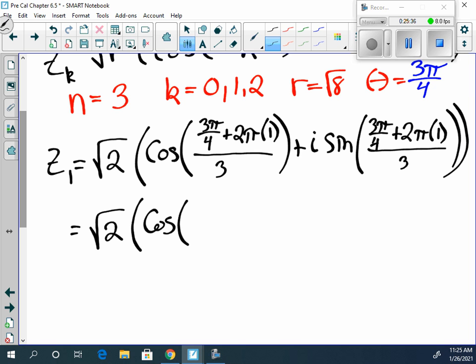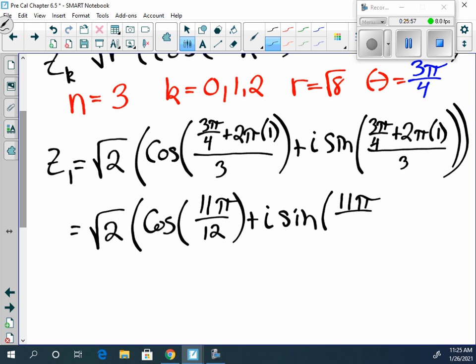At this point here, to save on time, I went on and just plugged in 3 pi over 4 plus 2 pi divided by 3, the whole thing in there. It gave us 11 pi over 12.